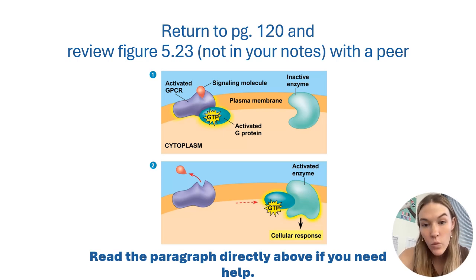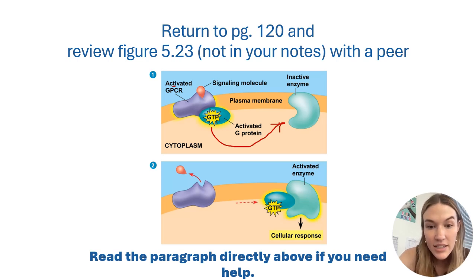And then, once we have a signaling molecule that binds the GPCR, it is going to cause the G protein to exchange that GDP for a GTP. Once it exchanges for a GTP, now it's active. And then that can go and work on another enzyme.